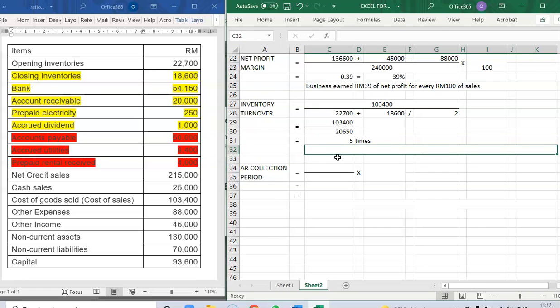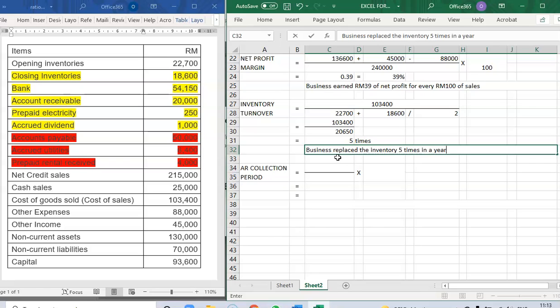So your explanation: the business has replaced the inventory 5 times in a year. So in terms of 1 year or 12 months period, the business has replaced the inventory 5 times.